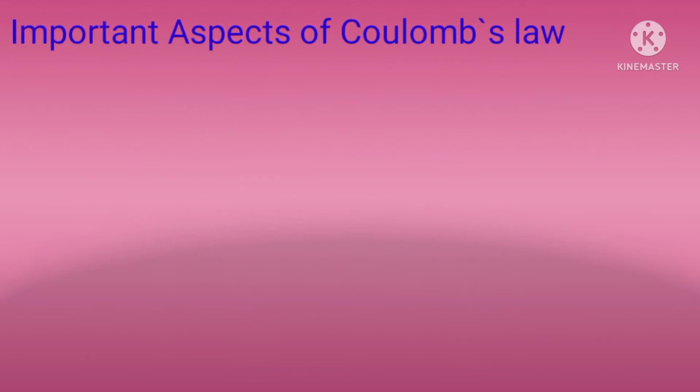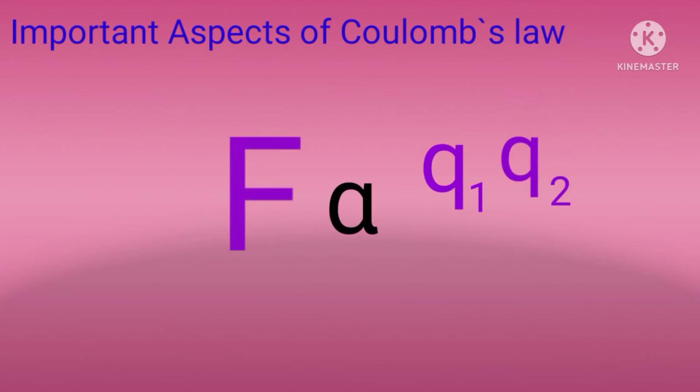Now let us have a glance over the important aspects of Coulomb's law. Coulomb's law states that the electrostatic force is directly proportional to the product of the magnitudes of the two point charges and is inversely proportional to the square of the distance between them.